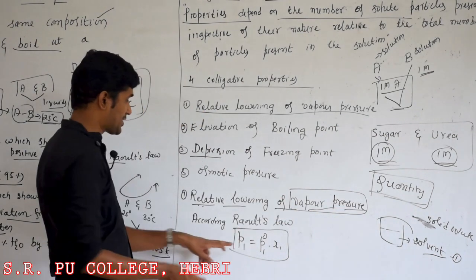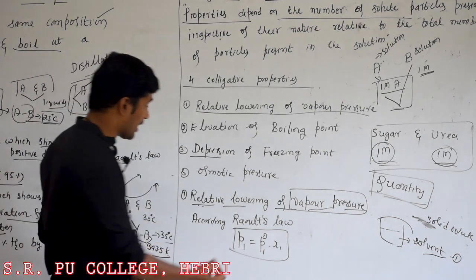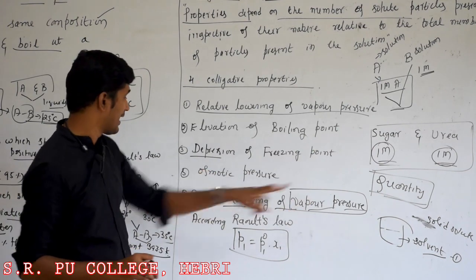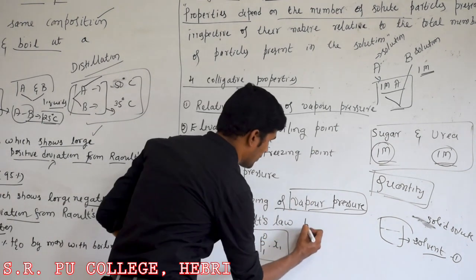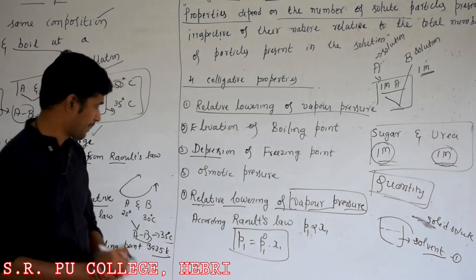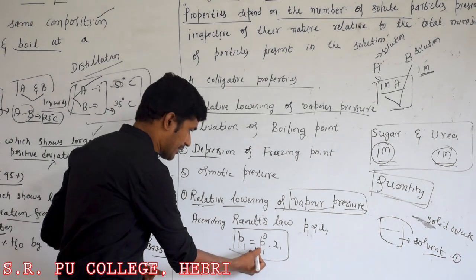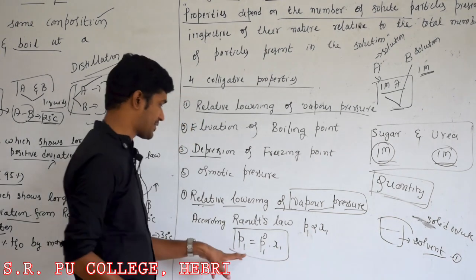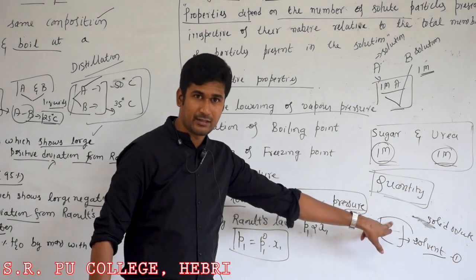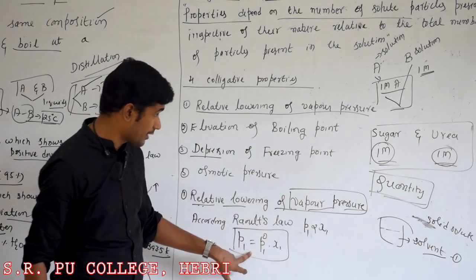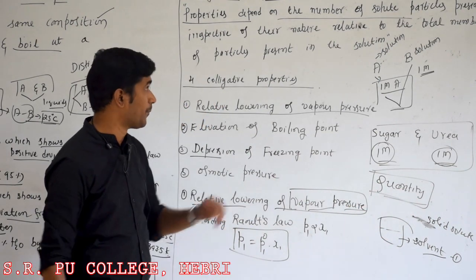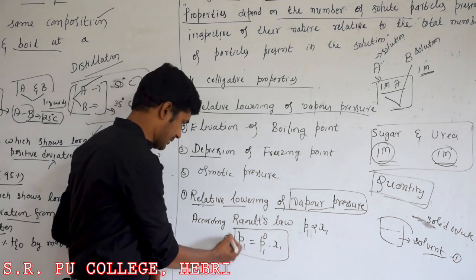The partial vapor pressure of the volatile component in that solution is directly proportional to its mole fraction. P1 is directly proportional to X1, or in general P1 is equal to P1 naught into X1. Here P1 means the partial vapor pressure of the solution, P1 naught is the vapor pressure of the pure solvent, and X1 is its mole fraction. So remember this one.